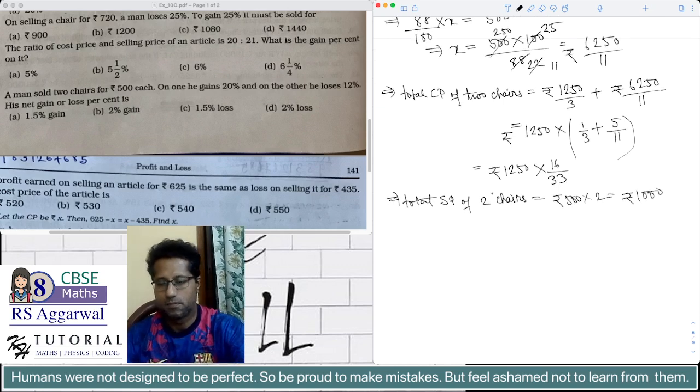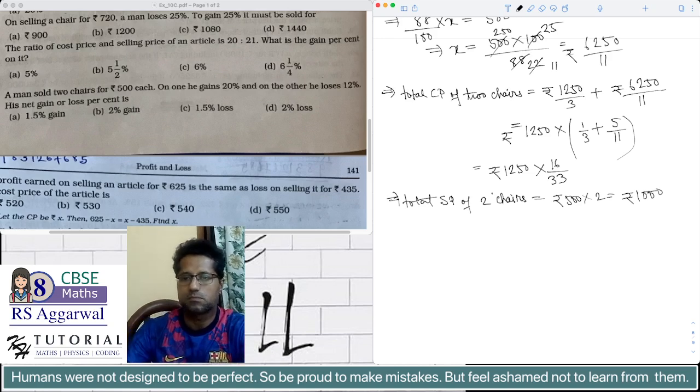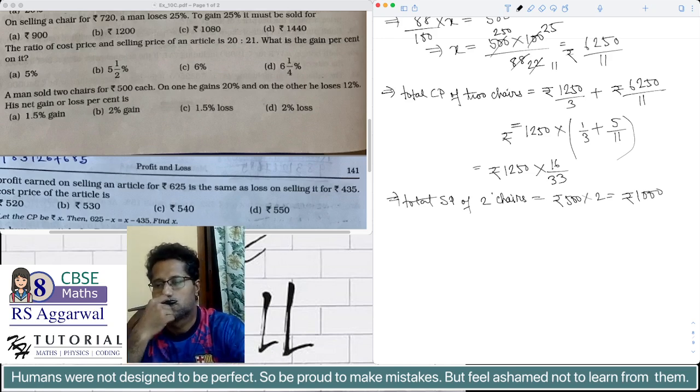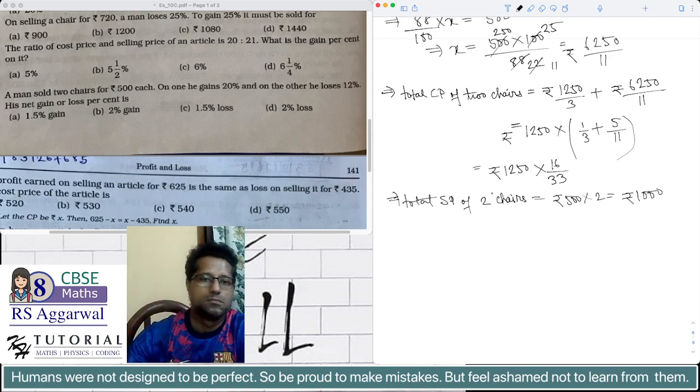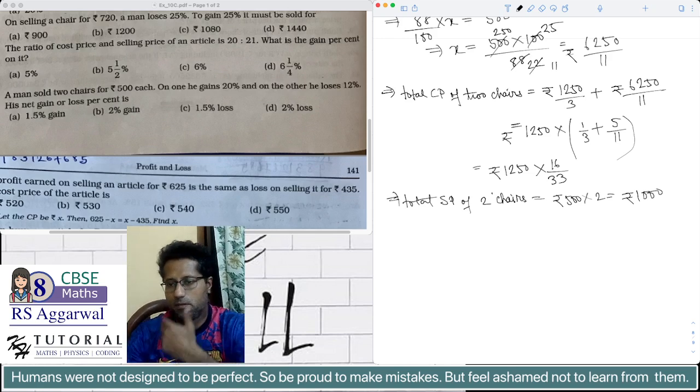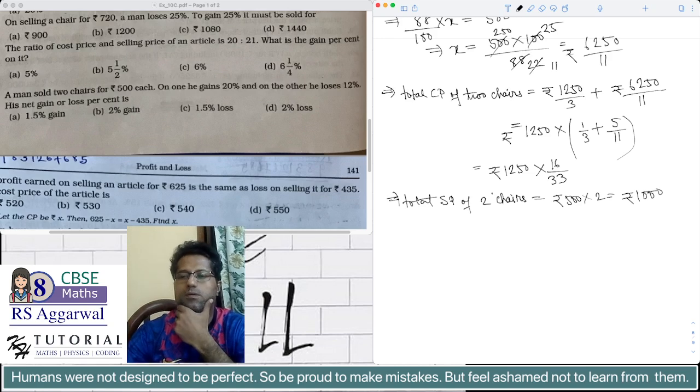We have to find this. What will be 1250 multiplied by 16 divided by 33? What is 125 multiplied by 16?